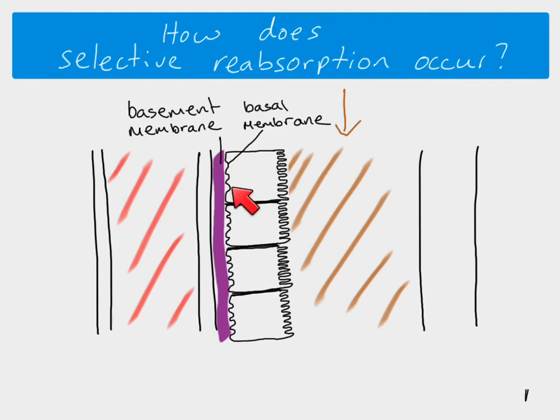The side of the proximal convoluted cell that is nearest the capillary is the basal membrane. So this whole layer here is our basal membrane. And what you can see is that the basal membrane is folded. It's folded because it gives it a larger surface area. We can also see that on the surface that's closest to the filtrate, it's actually got microvilli, again massively increasing the surface area.